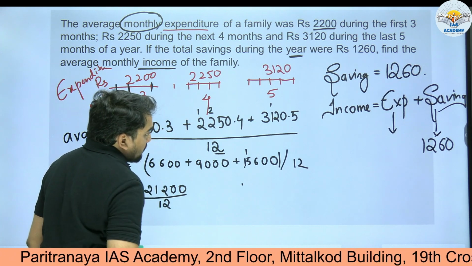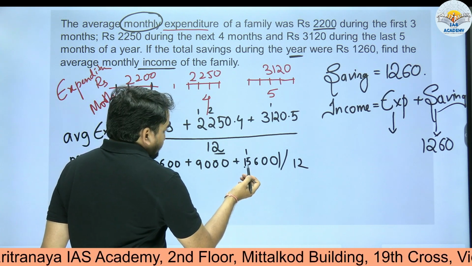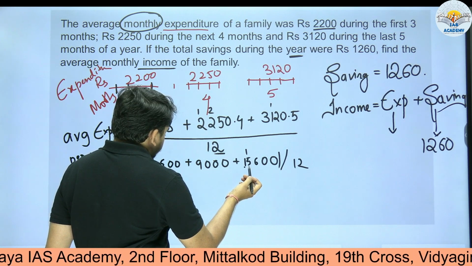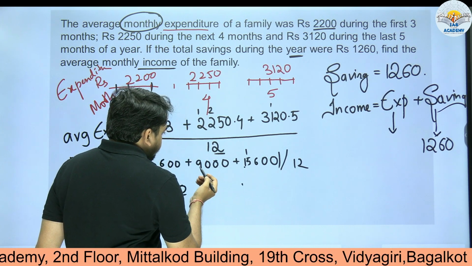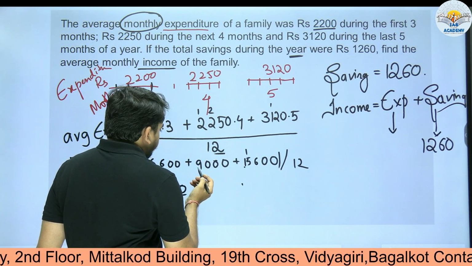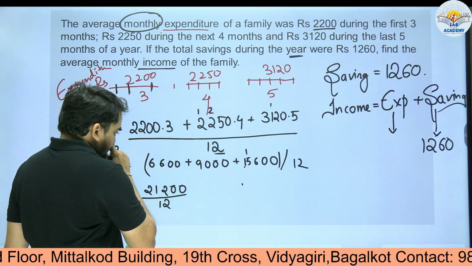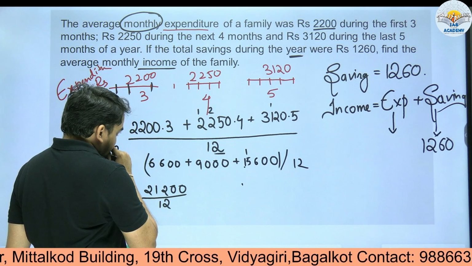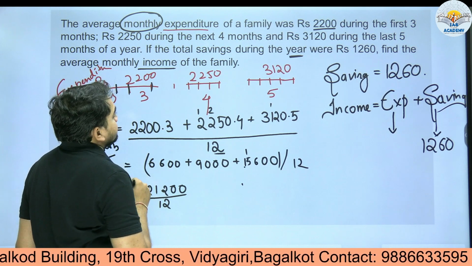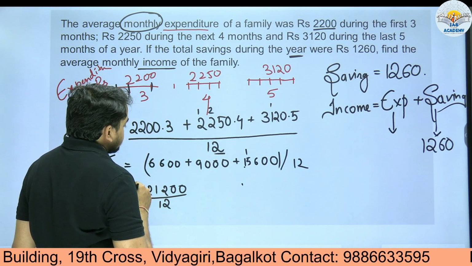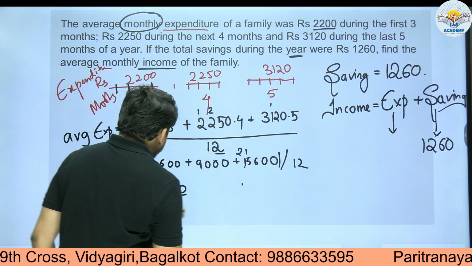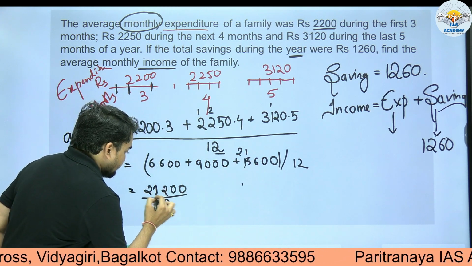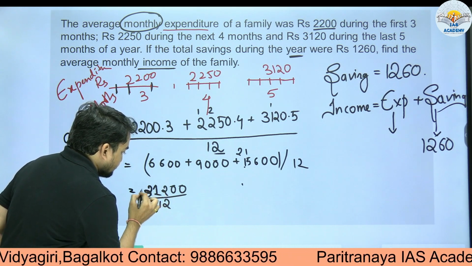The fourth one here, 6 plus 9 is 15, plus 6 is 21. 21, here 2 plus 1 is 3.